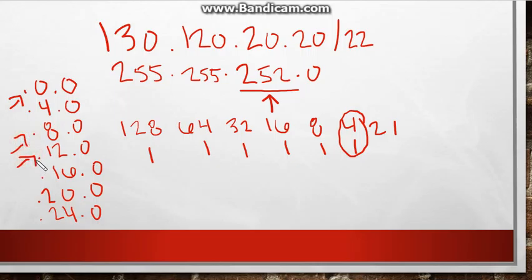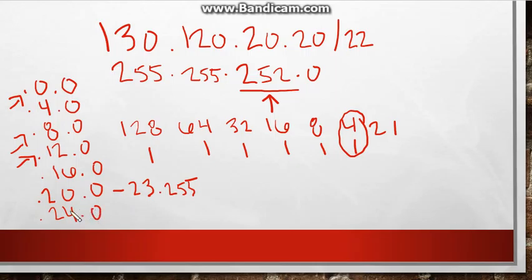These numbers, 8, 12, 16. So what is the IP address that ends this subnet? Well, if 24.0 is the beginning of a new one, then if we subtract one IP address, that would be 23.255.